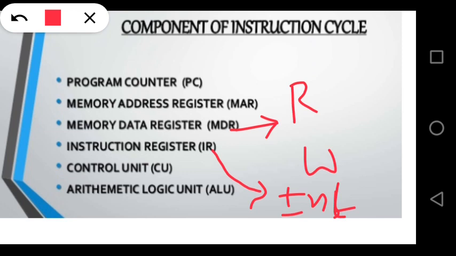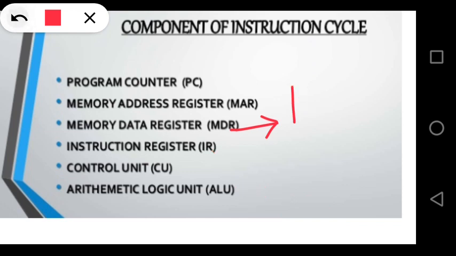Next we have control unit. All of you know that control unit is one of the key components in CPU which sends control signals for performing micro operations.